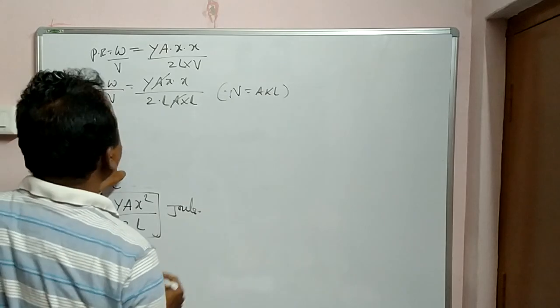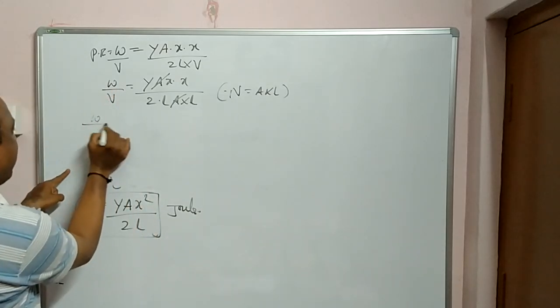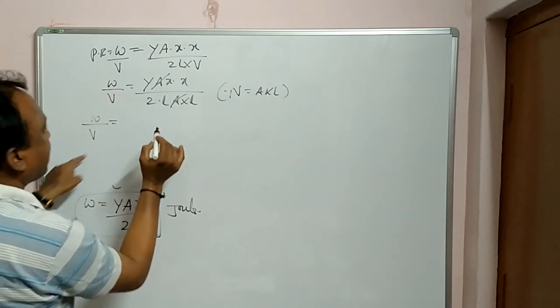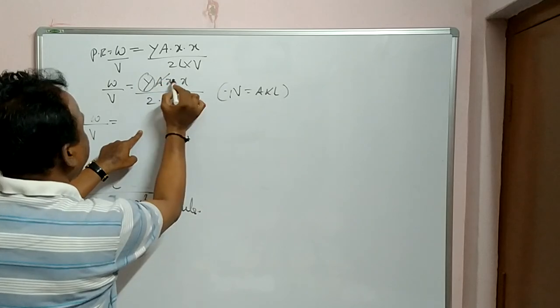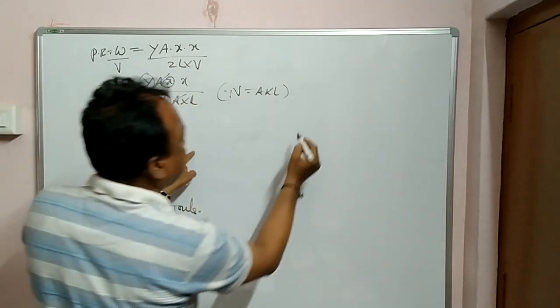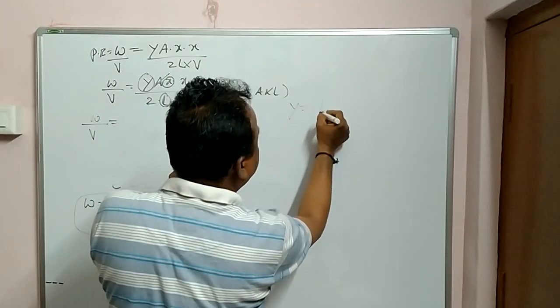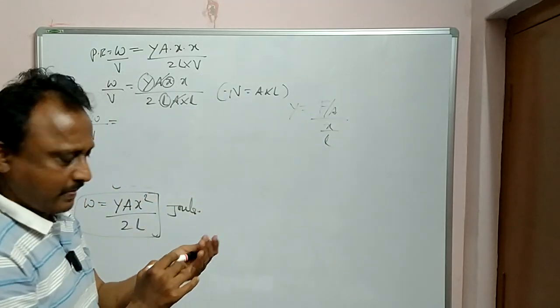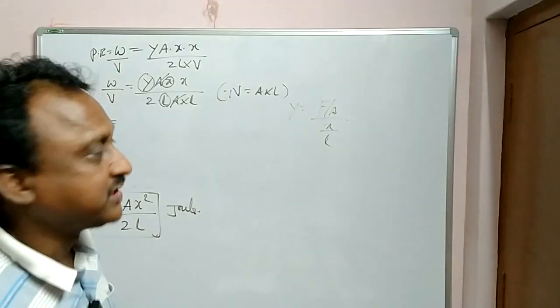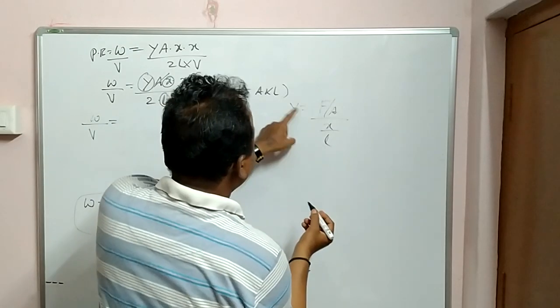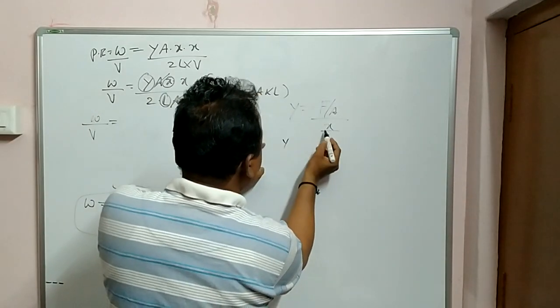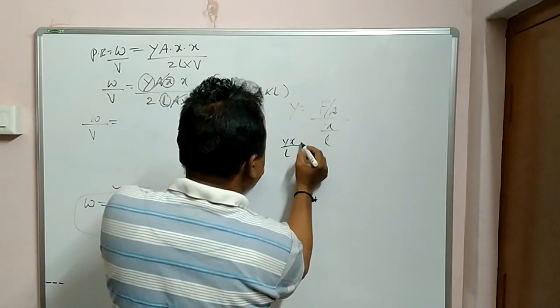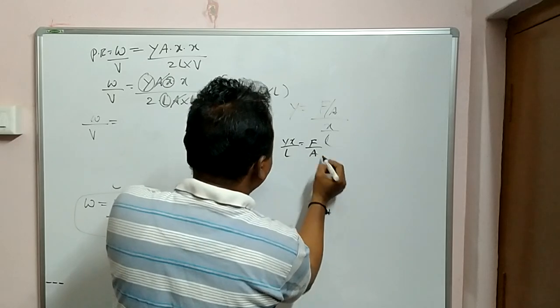Area cuts. Now see here, work done per unit volume, I can write it as, see here, what is Yx by L? What is your Young's modulus formula? Stress by strain, Y into x by L is equal to F by A, stress.